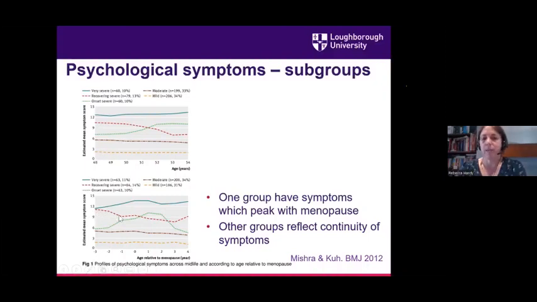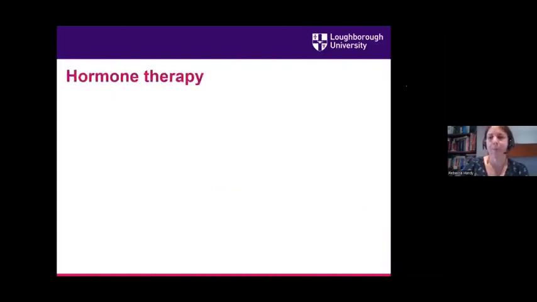And you can see that there's even one group where the psychological symptoms seem to be improving. So this suggests that perhaps there are a group of women where psychological symptoms are a direct result of hormonal changes at the menopause, but these other groups might be more about having had other psychological problems prior to menopause. And this obviously has implications about how you might manage those symptoms at menopause.